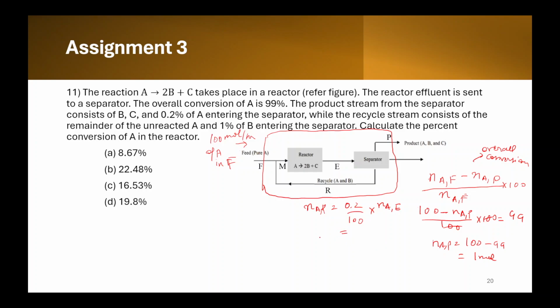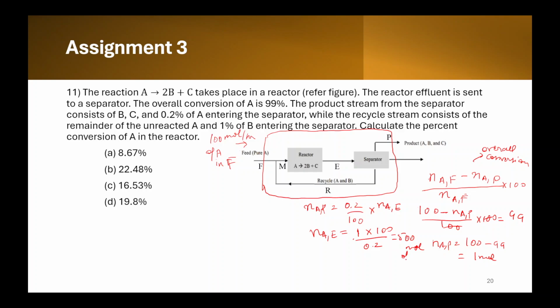So from here we can find out NAE. So NAP is 1 into 100 by 0.2. So this will give us 1000 by 2, 500 moles. All right.